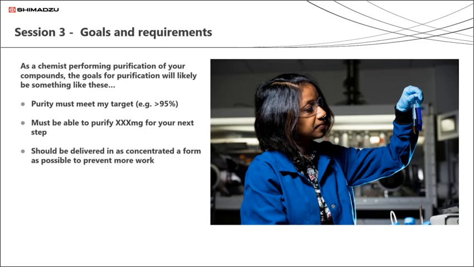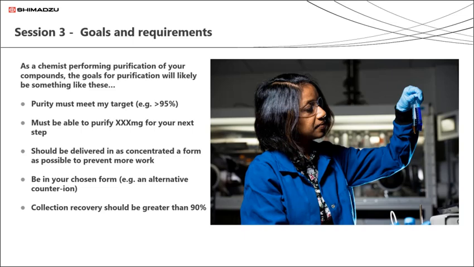The materials should be delivered in as concentrated a form as possible to prevent more processing. The material should be in your chosen form, for example, an alternative counterion. Collection and recovery from the machine should be greater than 90%. And finally, the equipment must be reliable, rugged, and easy to use.